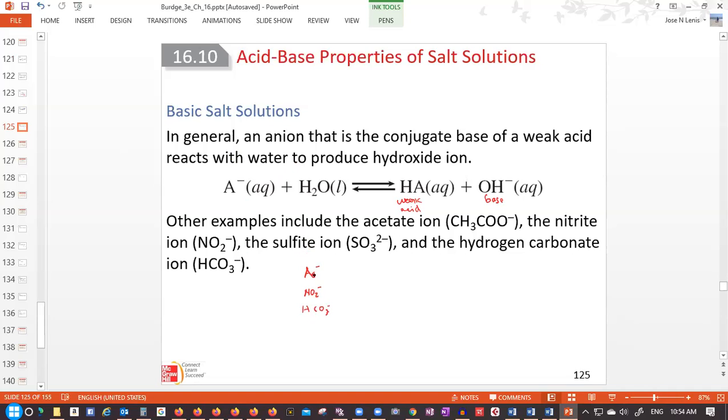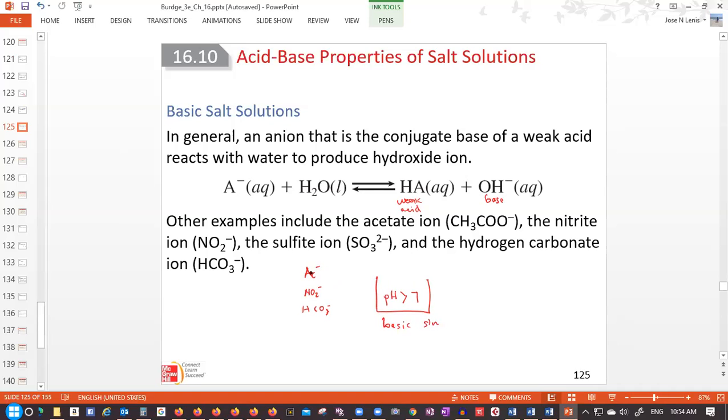So any salt containing these ions will make basic solutions. When you add that into water, you know the pH is going to be above 7. So we have basic solutions.